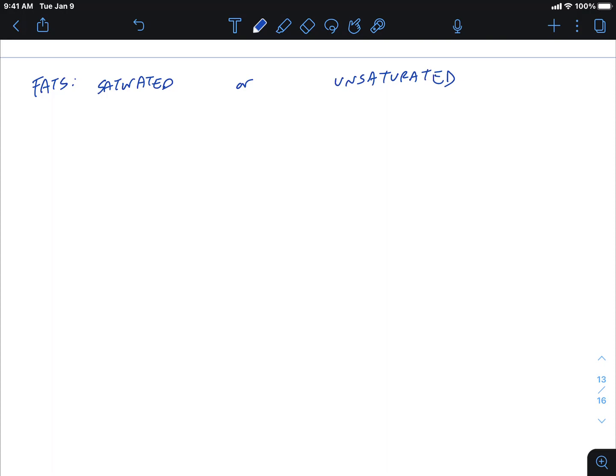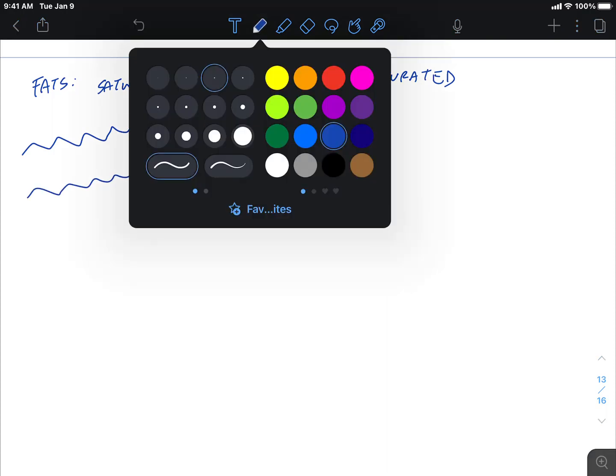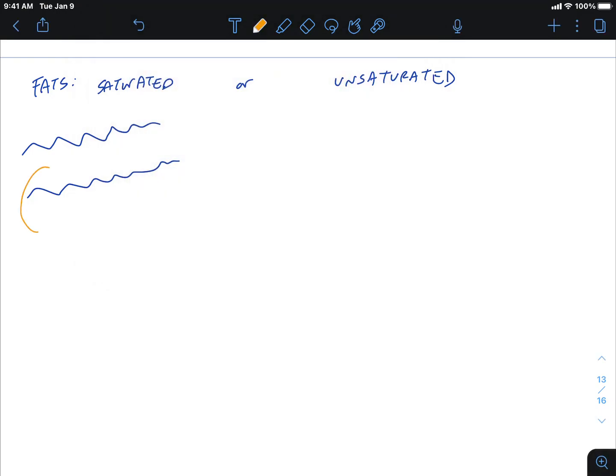Okay, so if you have a fat where everything is just hydrogens, saturated fats have lots of dispersion forces because fats are primarily nonpolar. Even though they have polar ends, the vast majority of a fat molecule is nonpolar because it's an alkane.